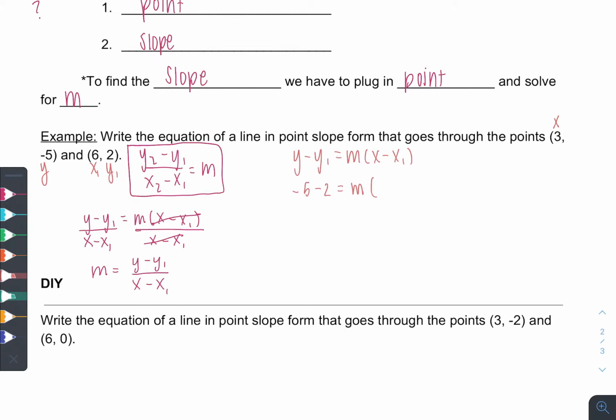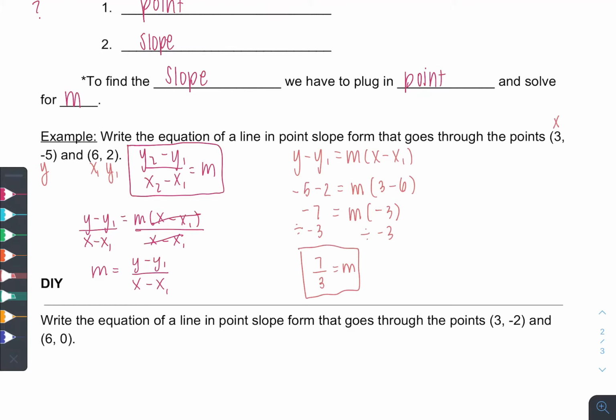We don't know what m is. x is equal to 3. And x1 is equal to 6. So we get -7 is equal to m times -3. Divide both sides by -3. And I get 7/3 is equal to m.